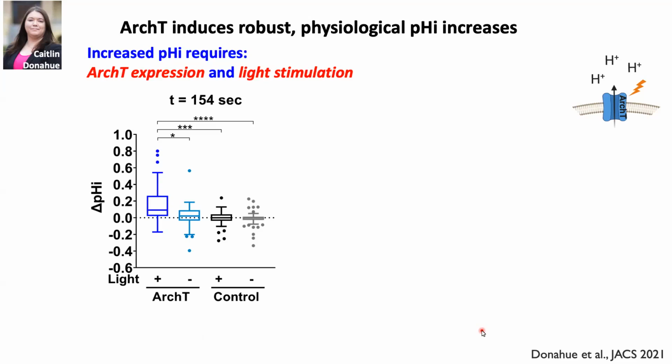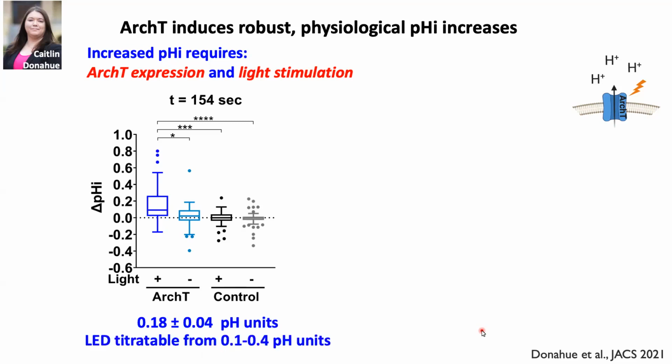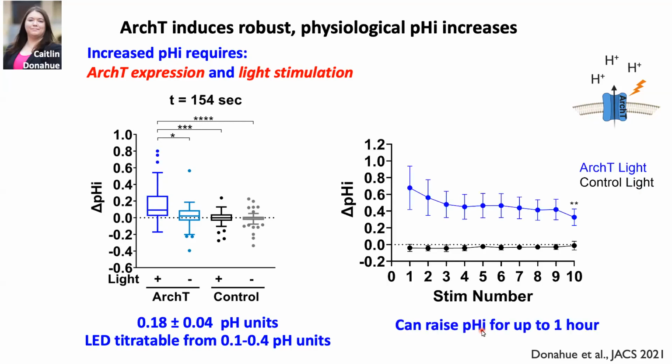Under these conditions, ArchT can raise pH by about 0.18 pH units. But Caitlin showed in her paper that this was titratable with light intensity, and using various LED lights led to increases between 0.1 and 0.4 pH units. Finally, she showed that repeated stimulations can cause pHi increases of up to an hour. So we can study biology on the hour time scale.